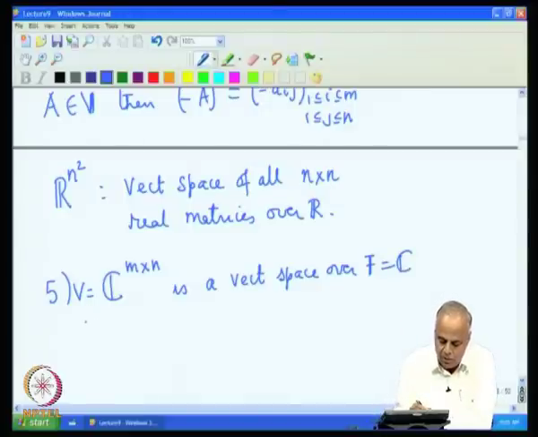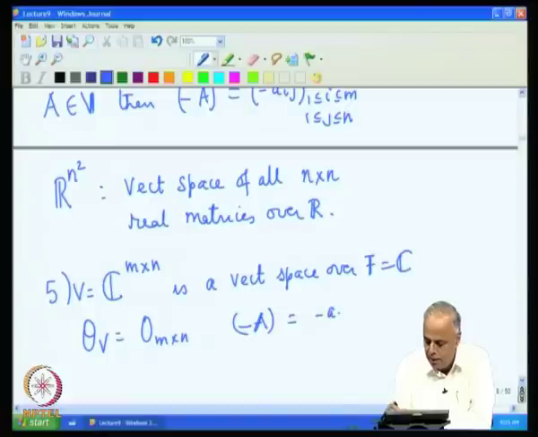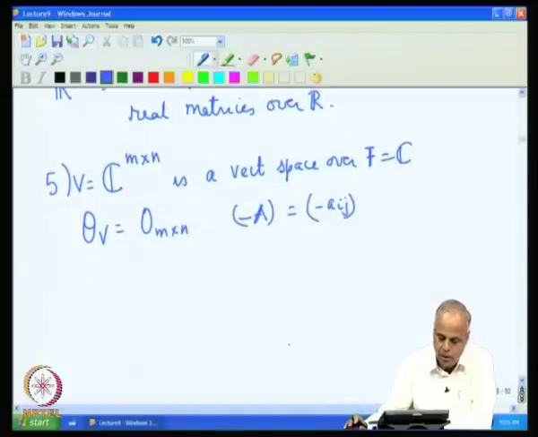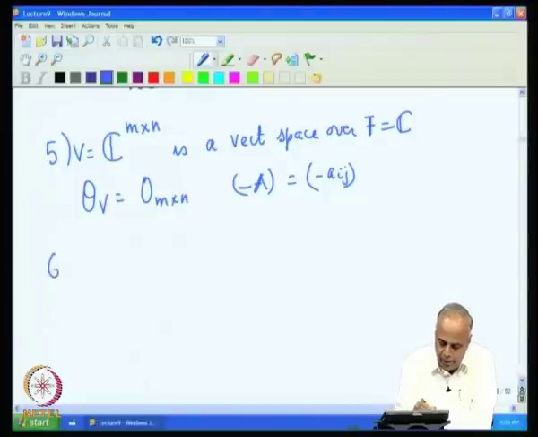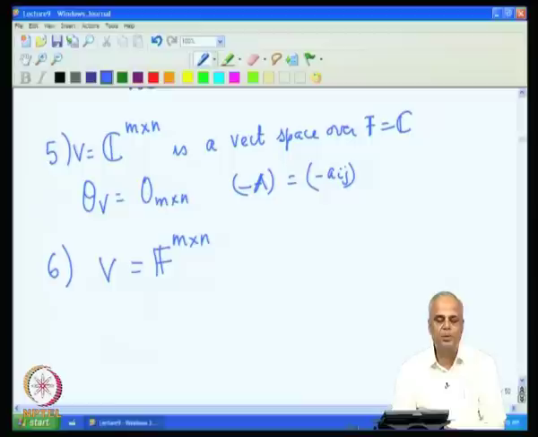Again, what is the 0 element of this vector space? It is the 0 m by n matrix, and the negative of a matrix is just minus A_ij as before. In general, we can take any F and look at all m by n matrices whose entries are from the field F. So, take a field F like we could have taken Z2.